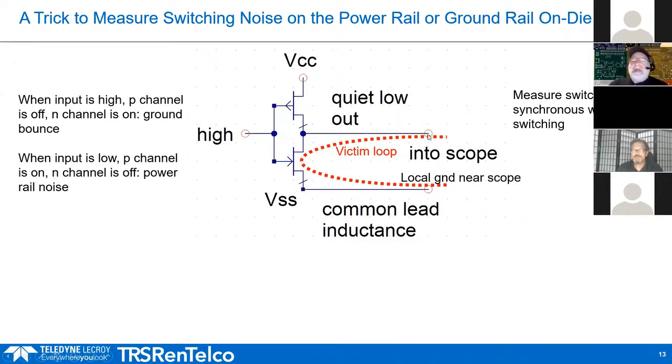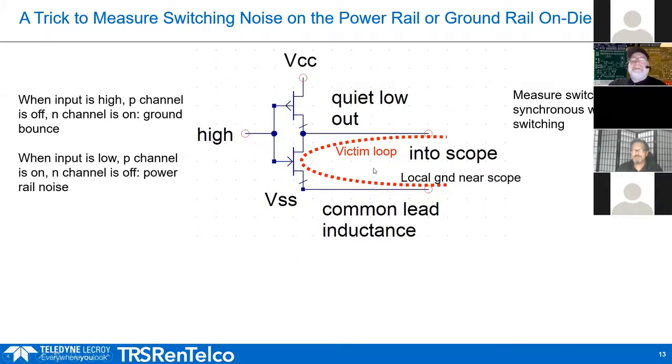And so when we look at the output pin with the scope somewhere off on the board relative to a local ground, we're basically going to be measuring the voltage noise everywhere throughout that loop, that victim loop. And that's going to arise from switching noise on the die, switching noise in the package, switching noise on the board. And we're going to look at how that varies in a couple of situations and how the layout of the board influences it.